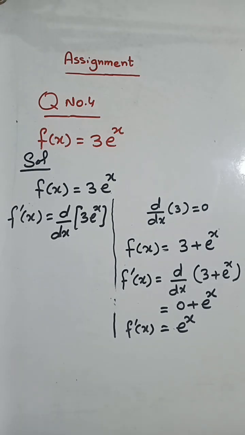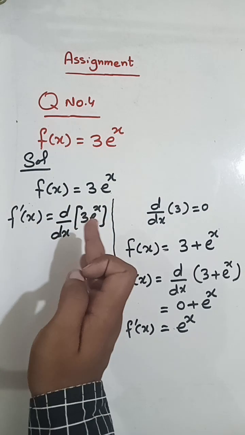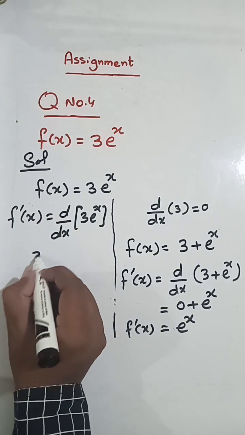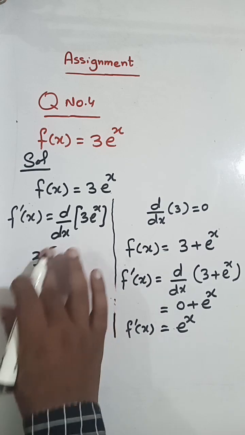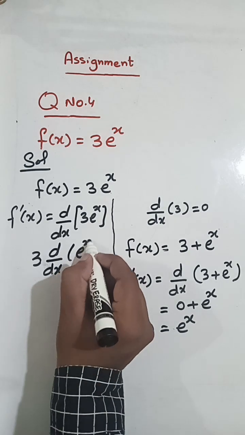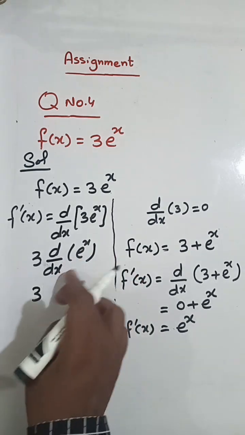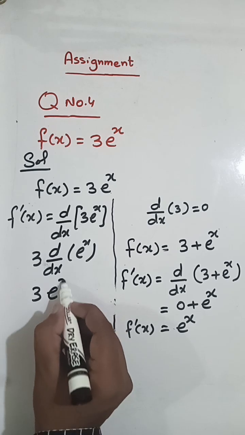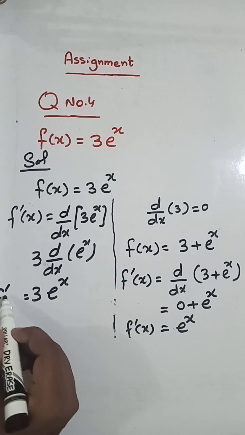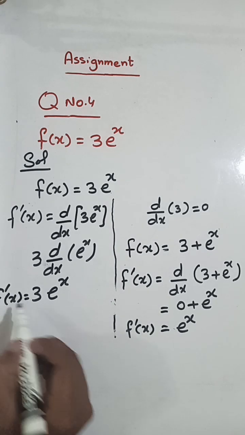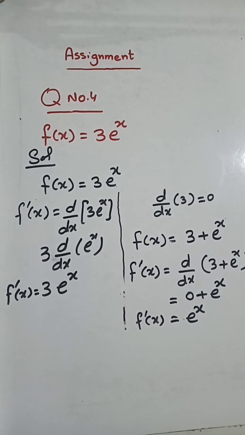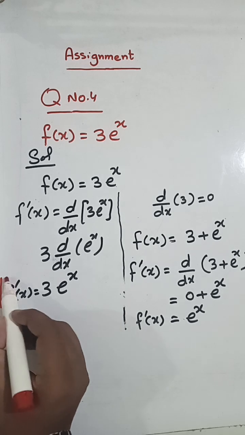Now whenever this operator sees a constant number, it throws it outside and then it finds the derivative of the function. So the derivative of e raised to power x, as you know, is again e raised to power x. So finally we get f prime x, that is 3 e raised to power x.